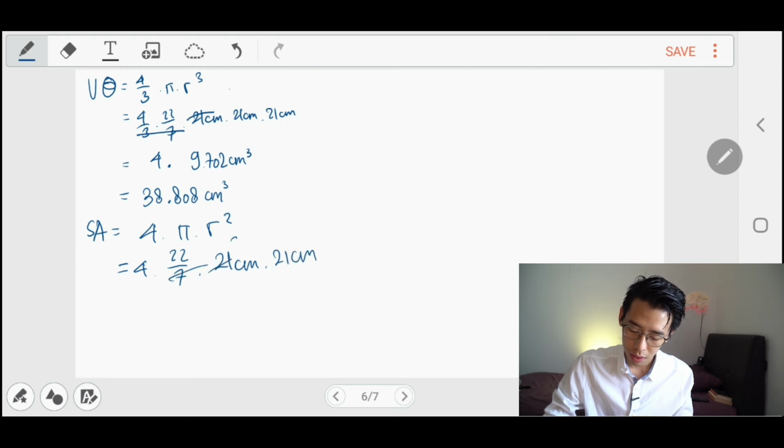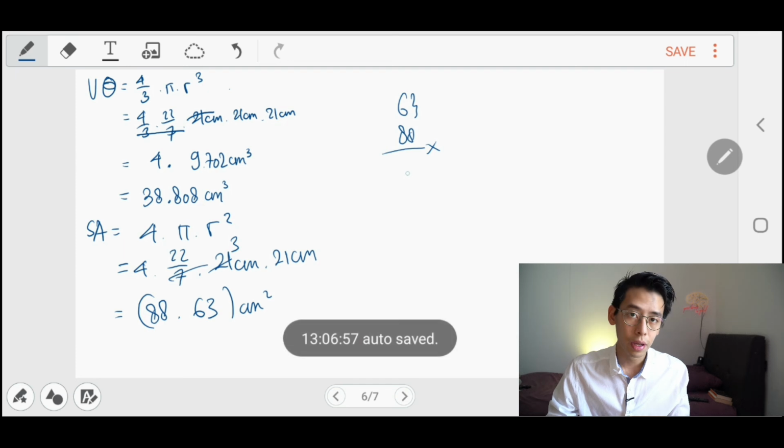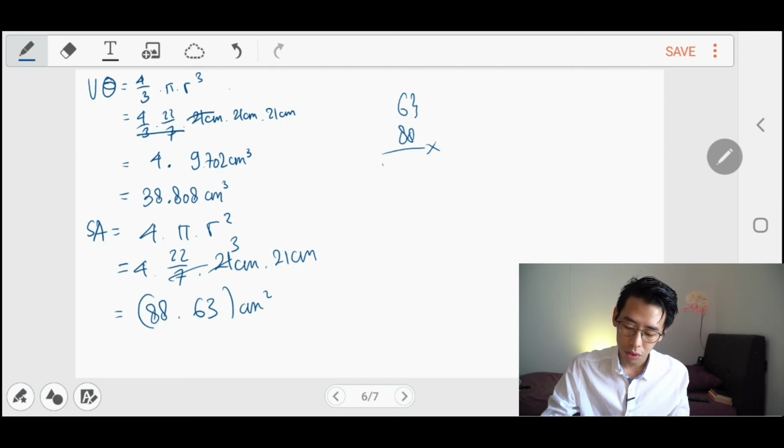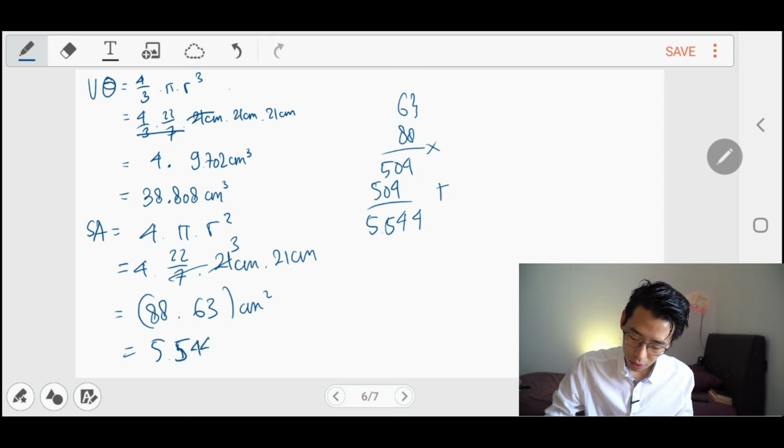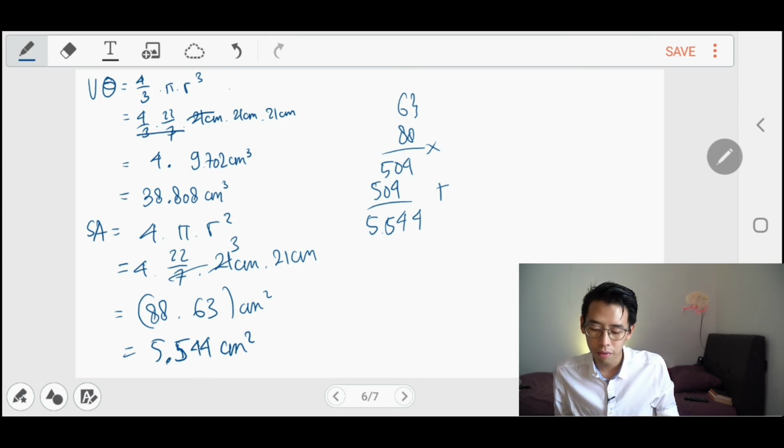So you get 88 times 63 centimeter squared. 8 times 6 is 48, 8 times 3 is 24, so 504, and then 504 plus 44 is 5,544 centimeter squared. So this is the surface area of a sphere.